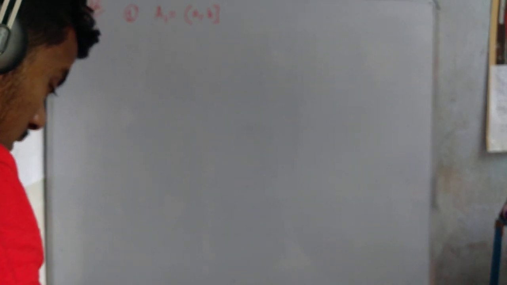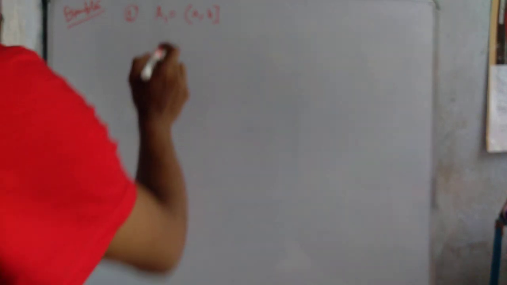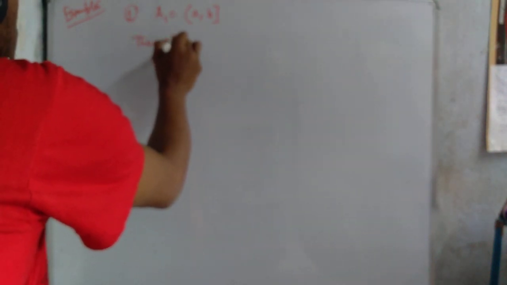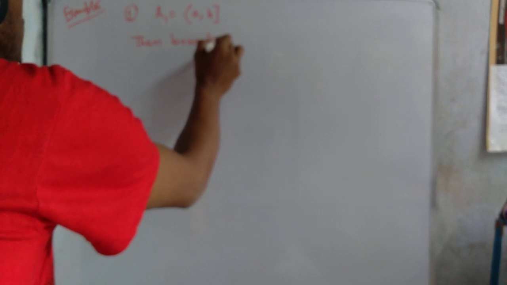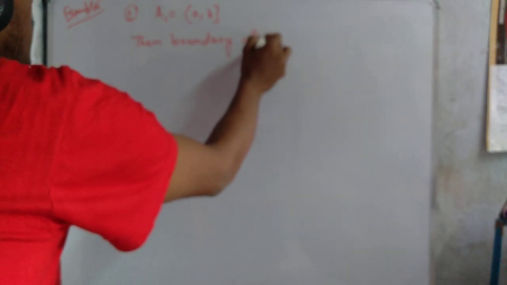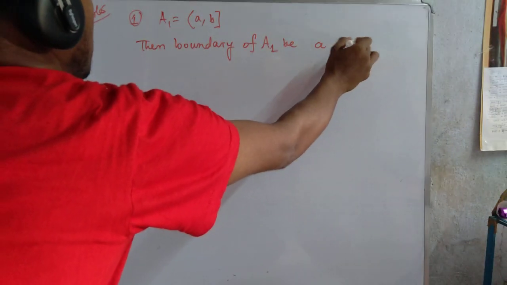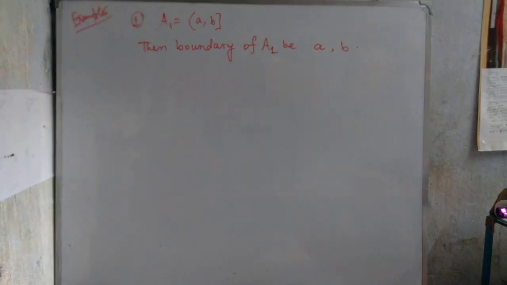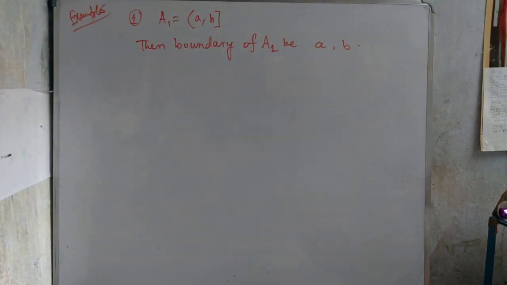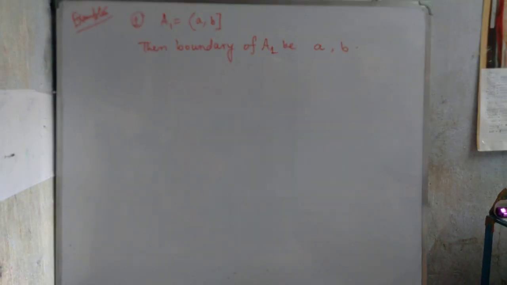Then the boundary of A1 is just the singleton a and the singleton b. Those are the boundary points. Okay, not a problem at all.